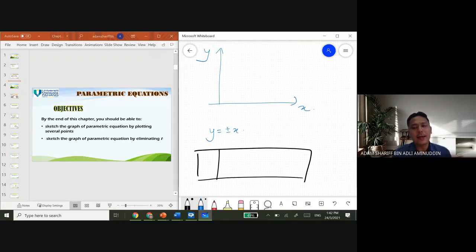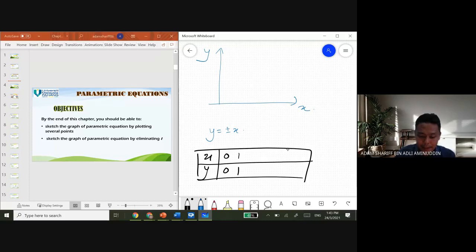Okay, ni Dr. Khairul pernah ajar saya rasa. X, y, you only have these two variables. If x is 0, what will be y? Itu pemikiran kita. Kalau dalam kes ni, y equals to plus minus x, okay? So, y equals to 0. So, kalau x sama dengan 1, y sama dengan 1, dan y pun sama dengan negatif 1 and so on.